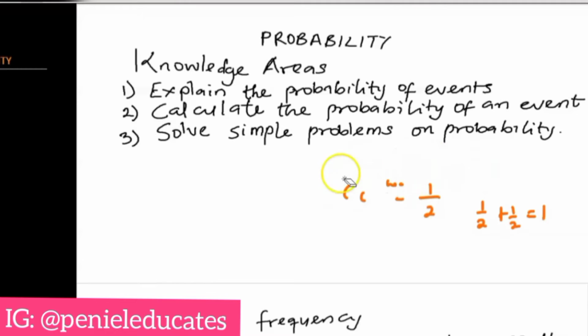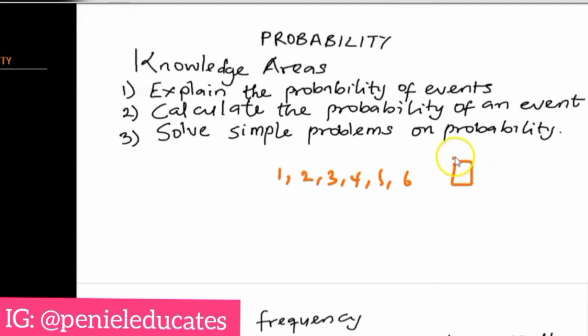Also, consider the probability when you throw a die. Don't forget that on the faces of a die we always have 1, 2, 3, 4, 5, 6. Because the sides are 6, the probability that we get a 1 when we throw a die is 1/6.